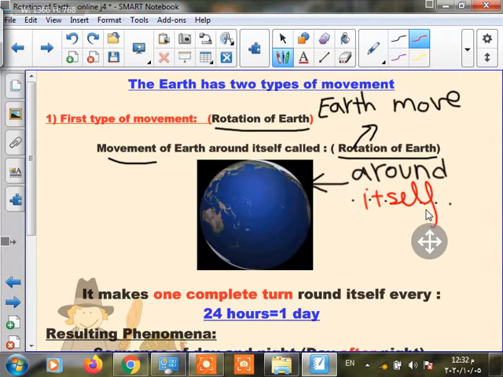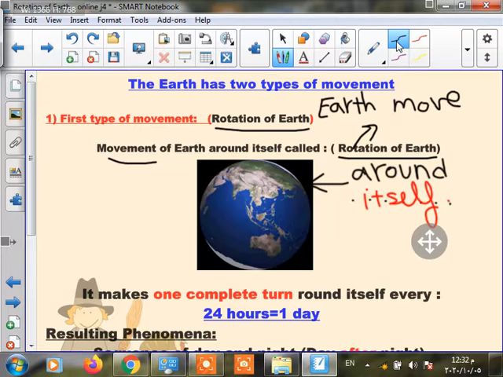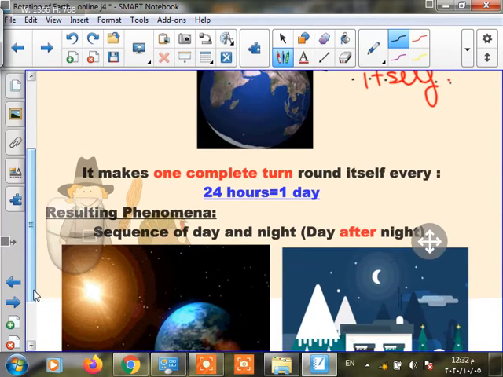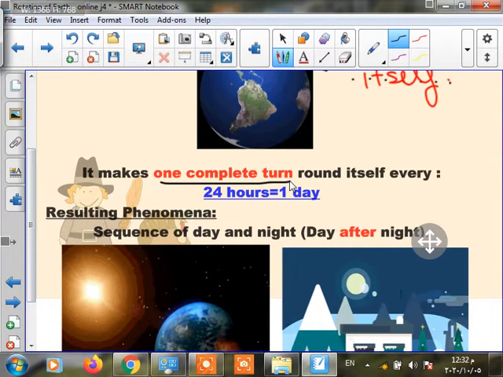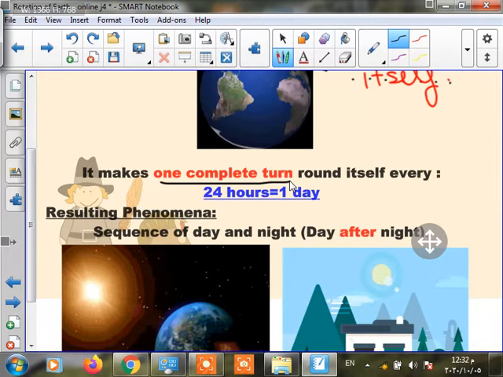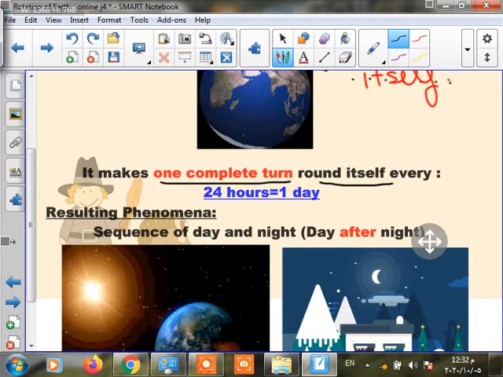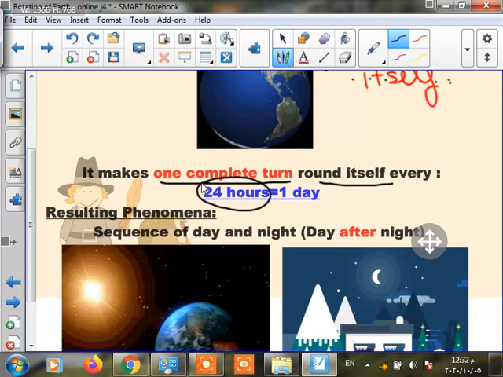Around what? Around itself. Excellent. Then the Earth makes one complete turn around itself every 24 hours.